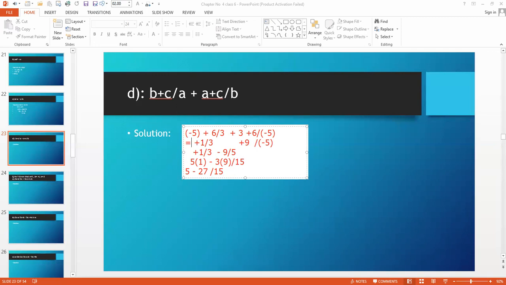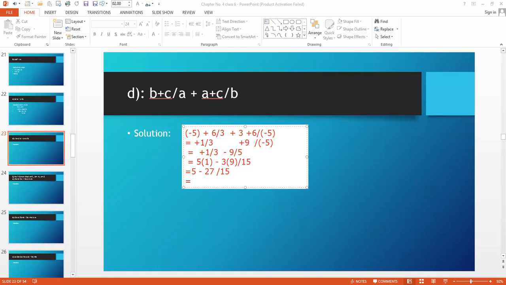I've forgotten the equality sign, so I have to put it here. Okay. Now we move towards the next step. Again, I have to put an equality sign.